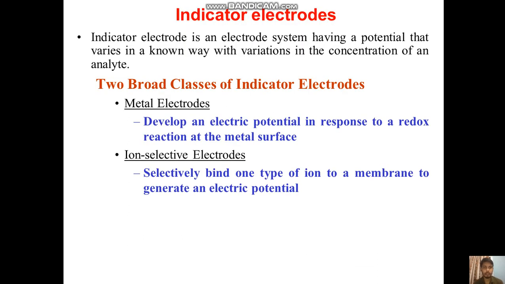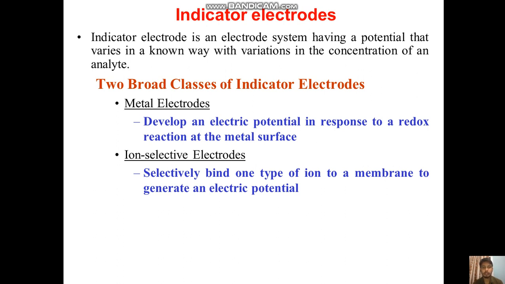Actually, this indicator electrode is an electrode system having a potential that varies in a known way with variations in the concentration of an analyte. As I have already told, mainly we have two types of indicator electrode. One is the metal electrode and another is the ion selective electrode, that is, glass electrodes.